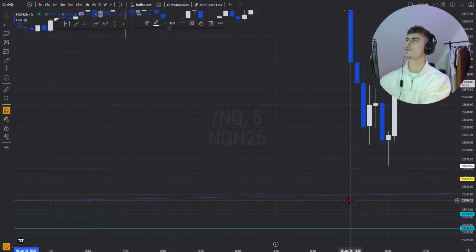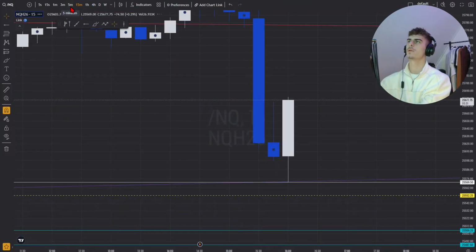Okay, so some sort of level I didn't know could bounce in combination with the weekly, or like with the weekly trend.